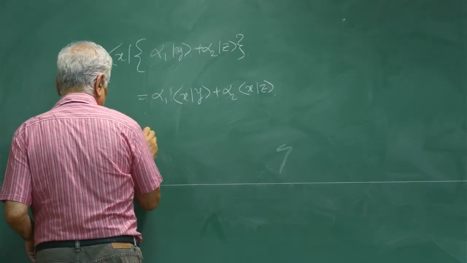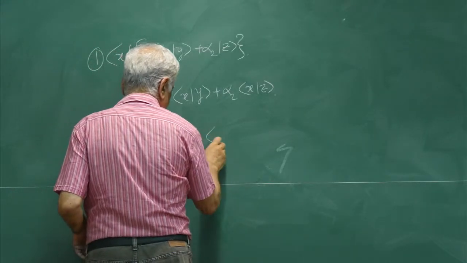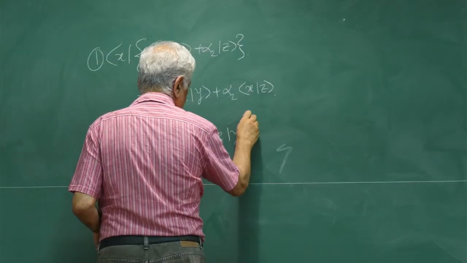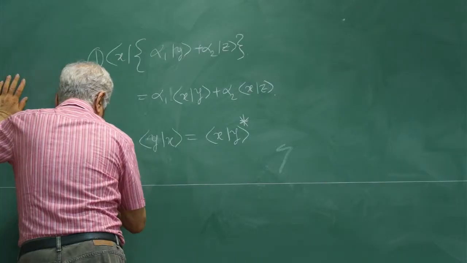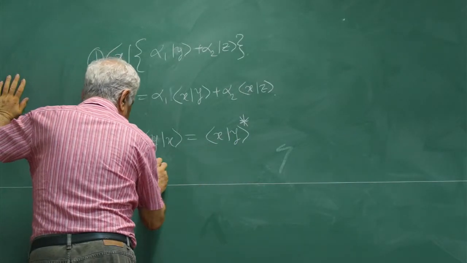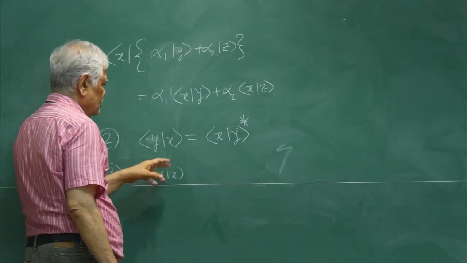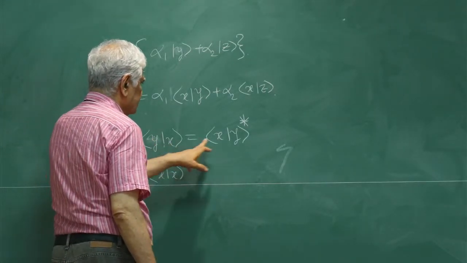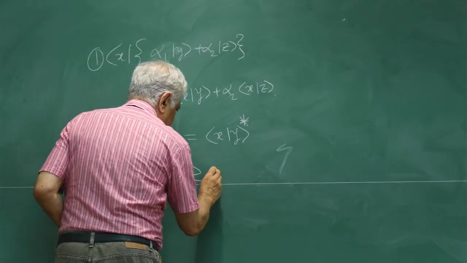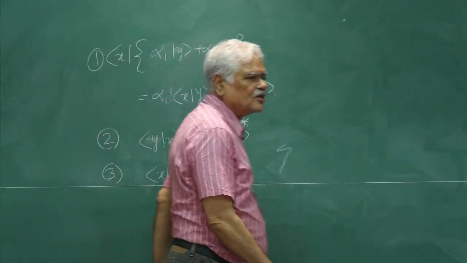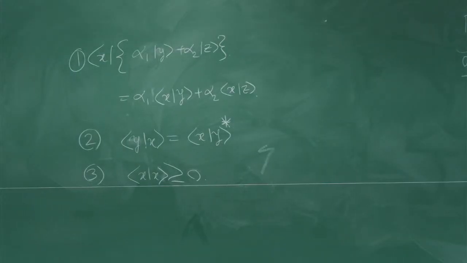Second condition is this. Star means complex conjugate. And then third: from this it is clear that <x|x> is a real number, because if you put y equal to x then <x|x> equals its conjugate, that means it's a real number. But there is something more. It has to be greater than or equal to 0. It has to be a non-negative real. It cannot be negative. This is an extra condition.